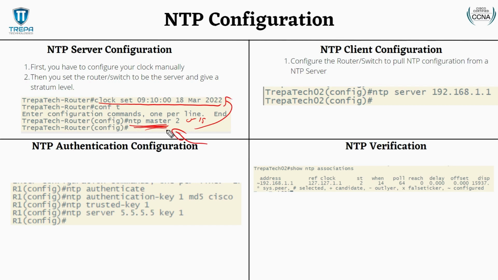And this gets a little confusing, I've noticed with my students, because the next command we're going to go over is the client configuration. The client configuration is essentially saying, hey, I want you to go get your timing from this source. And so that command is NTP server IP address.